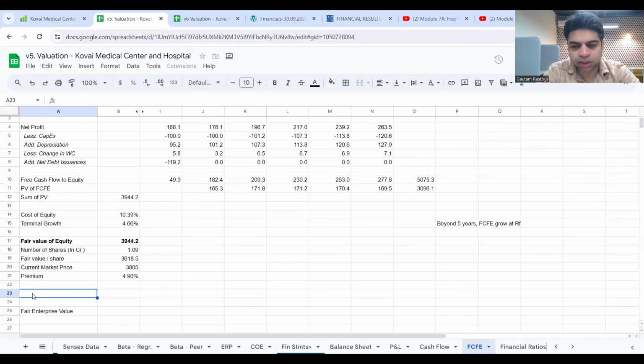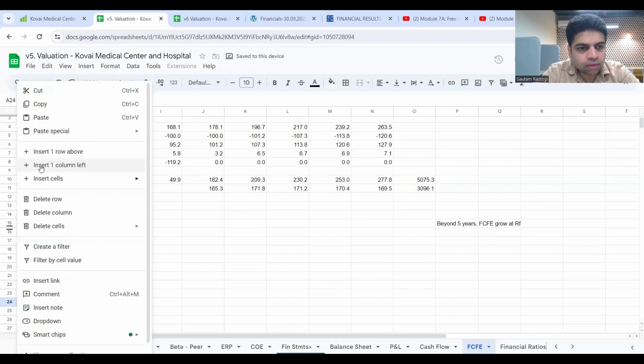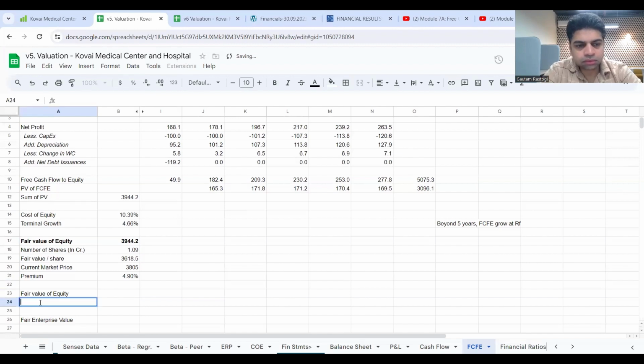In your fair value of equity, you need to add debt and reduce cash.